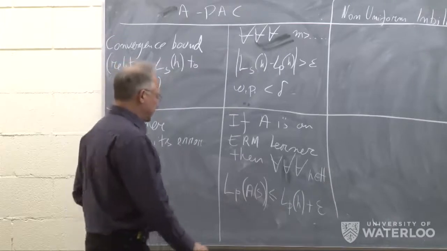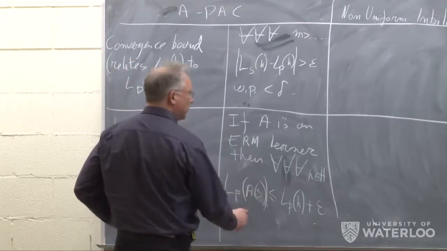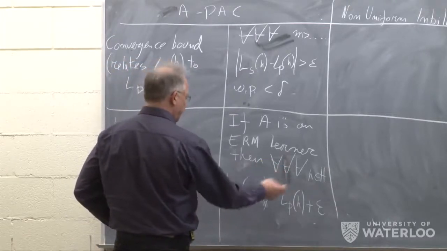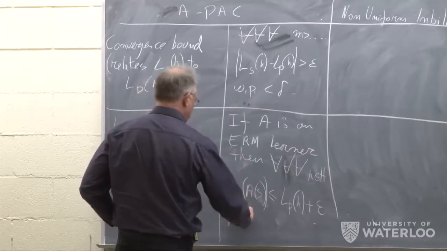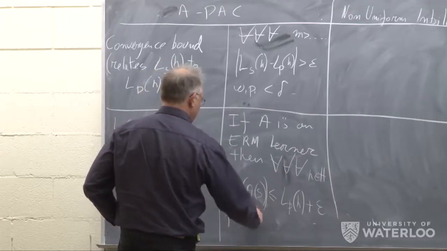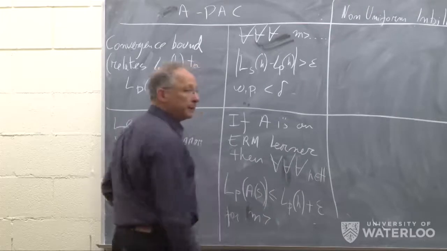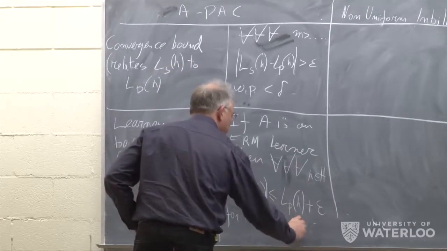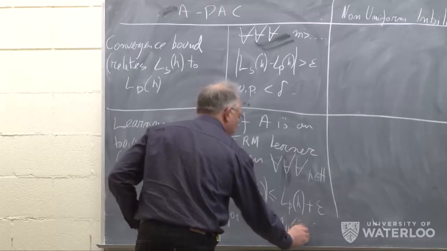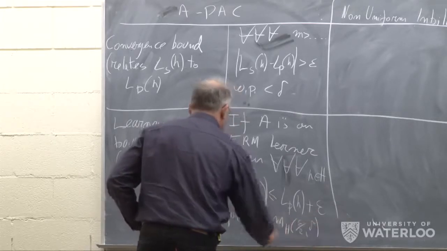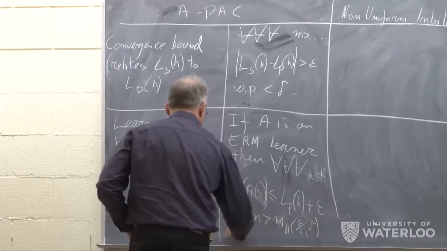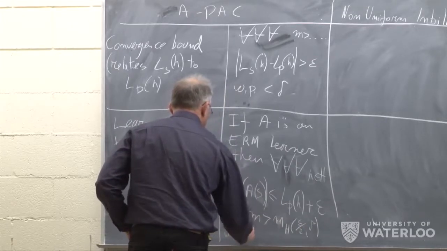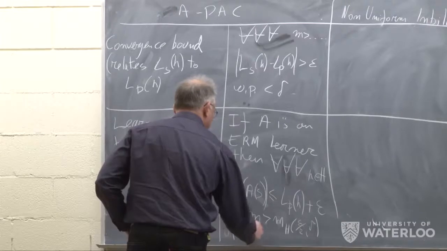That holds for M greater than M_H of epsilon over 2, delta, with probability at least 1 minus delta.